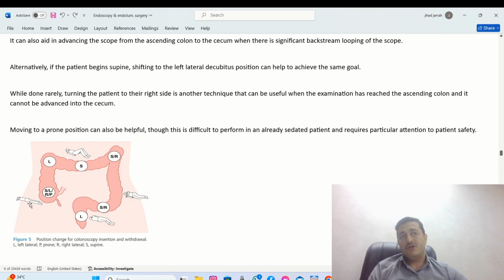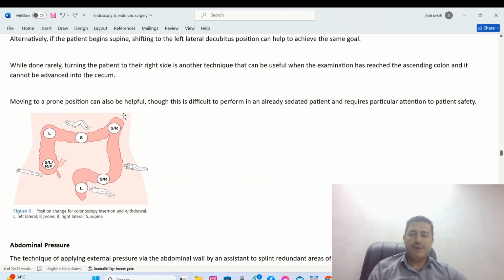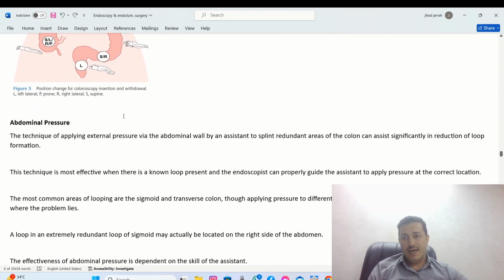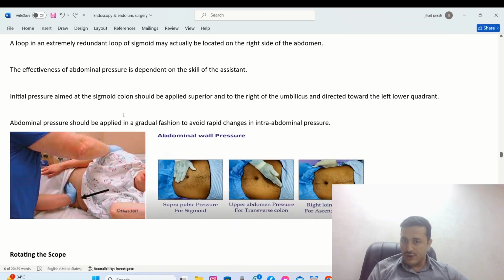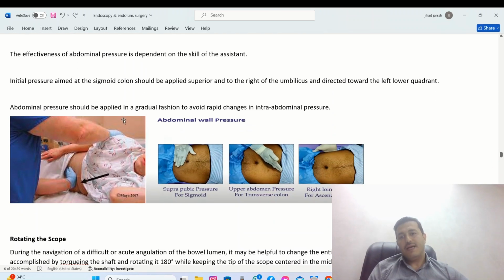But remember that the patient may be sedated. Changing him to left, right, supine position in the transverse colon can be helpful. Abdominal pressure: we already said that it's mainly needed in the sigmoid, and this is the direction of the pressure, above the umbilicus and toward the left iliac fossa.